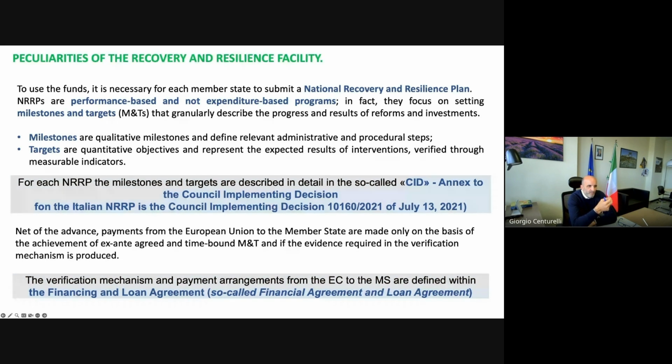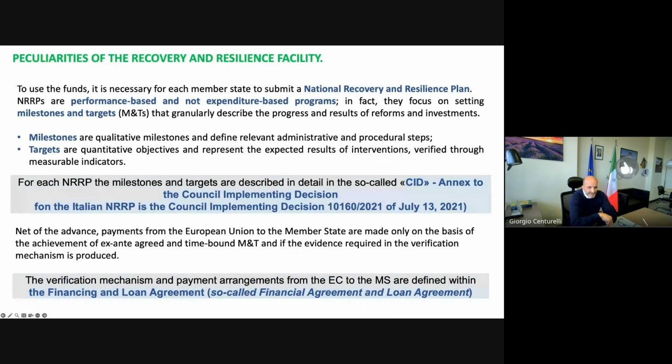A milestone is another thing. It is a qualitative objective, defined by relevant administrative and procedural steps. Targets are quantitative objectives.